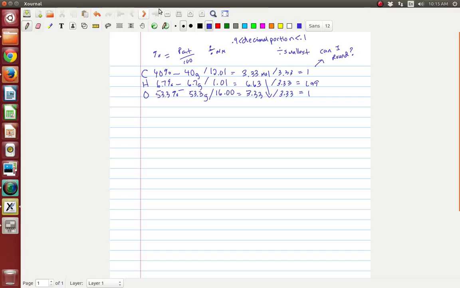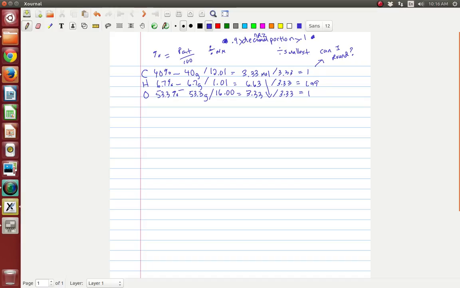I got things written backwards. It has to be between these values. So if 0.9 is greater than the decimal portion and the decimal portion is greater than 0.1, then you don't round. This is the no rounding zone. If it's over here, bigger than 0.9, or over here, less than 0.1, then you do round.